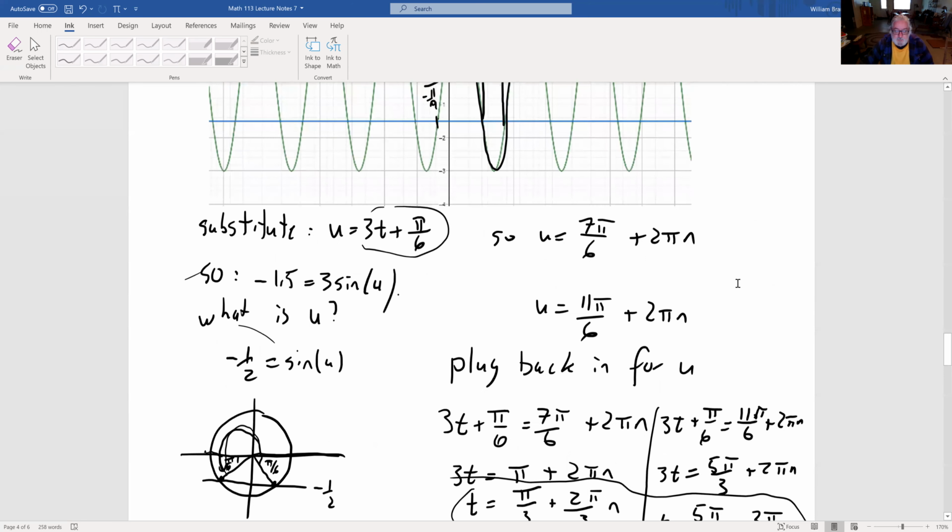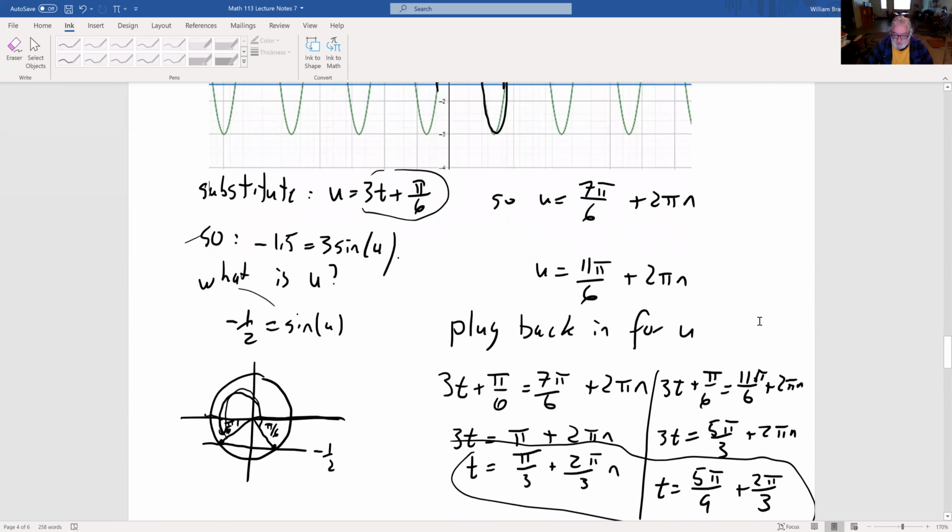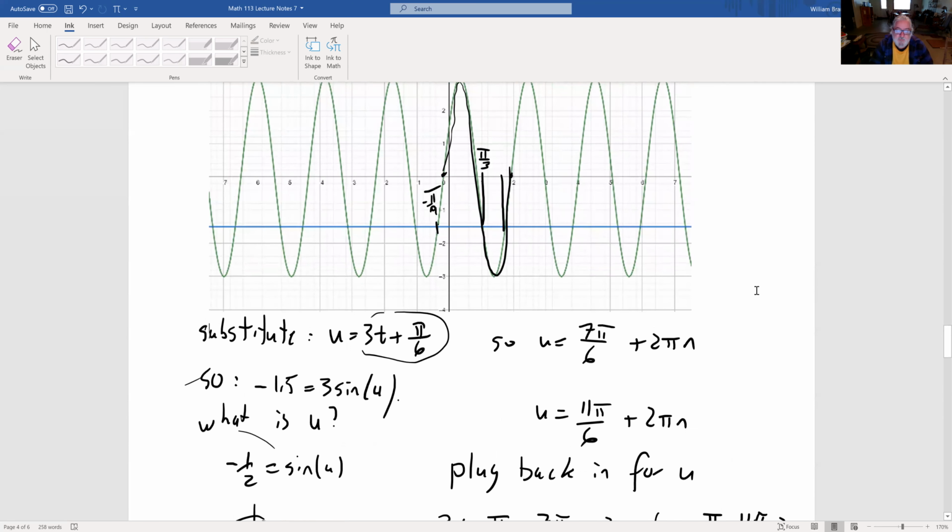So this is actually pi over 3. And the other one that we found is 5 pi over 9. And this one that we found earlier, we checked earlier, that's 5 pi over 9 minus 2 pi over 3.